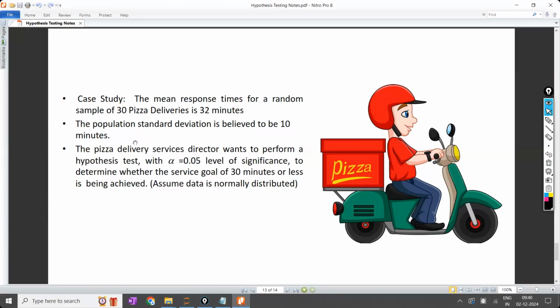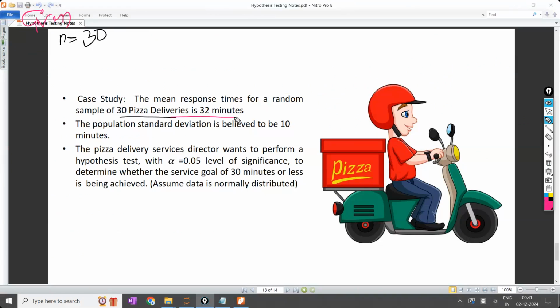Question number 2 is this one. The mean response time for a random sample of 30 pizza deliveries is 32 minutes. First, 30 pizza deliveries means n value is equal to 30. Here let us write the given data. Given n is equal to 30.